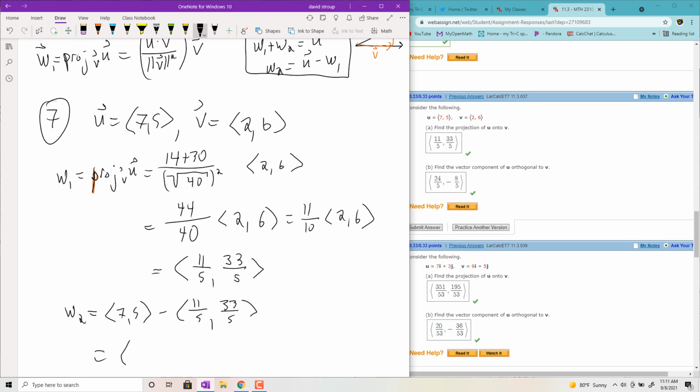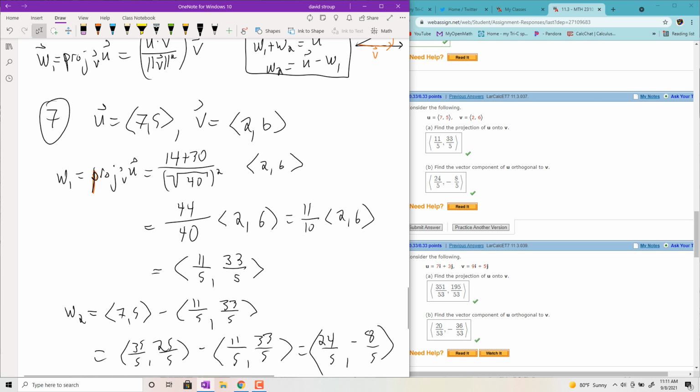So we get 35 fifths, comma 25 fifths, minus 11 fifths, comma 33 fifths, equals, oh boy, 24 fifths and negative 8 fifths. And that's the orthogonal vector.